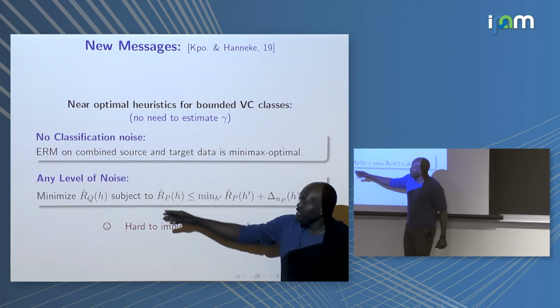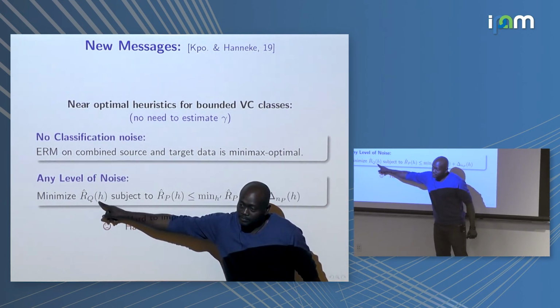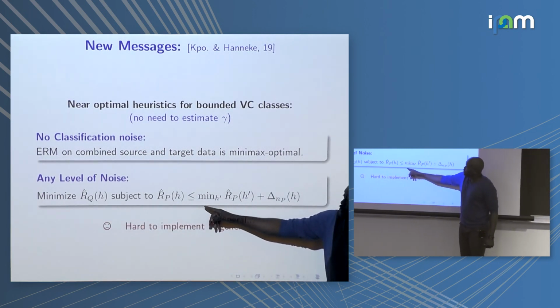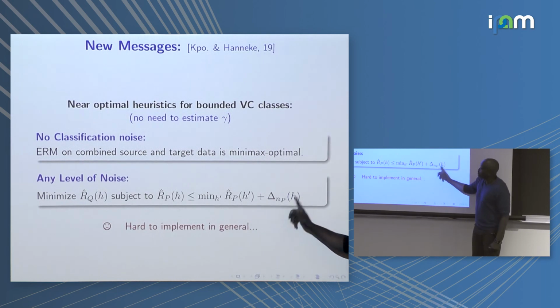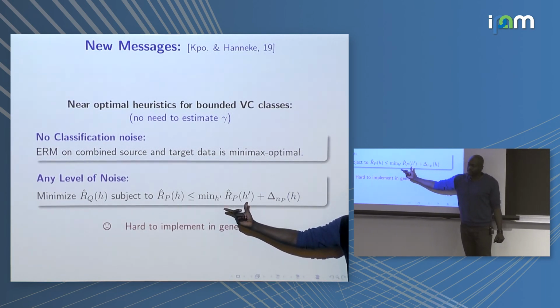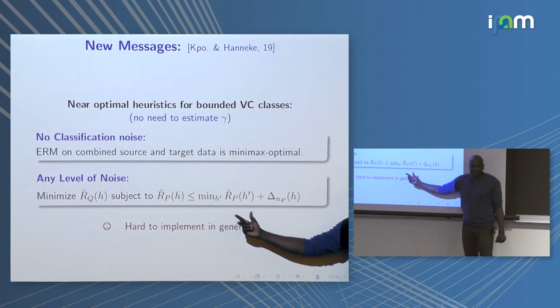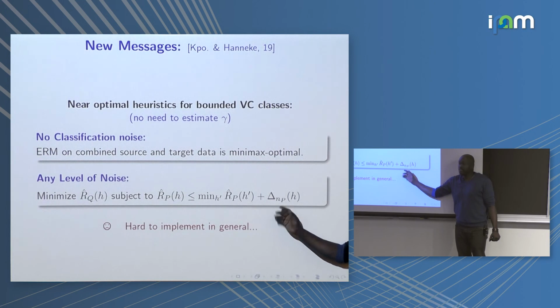So you minimize your empirical risk under the target Q, subject to your empirical risk under the source P being not too far from the best possible empirical risk you could have gotten on the source. Okay, and this not too far, I'm not showing what this is, but it is a quantity that you can learn from sample.